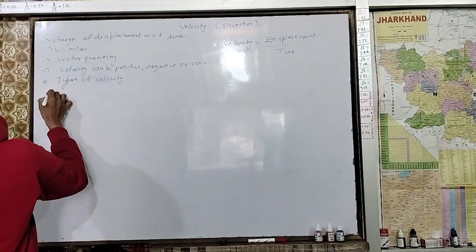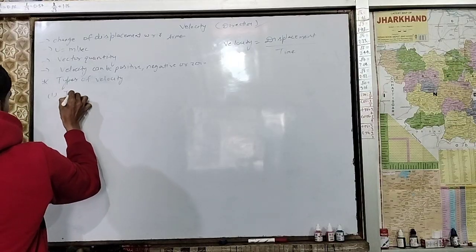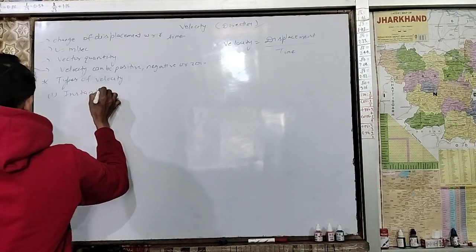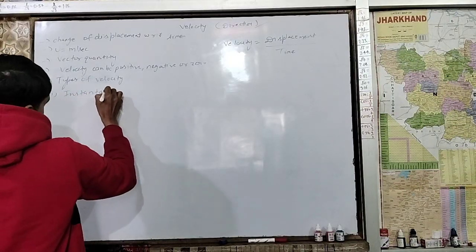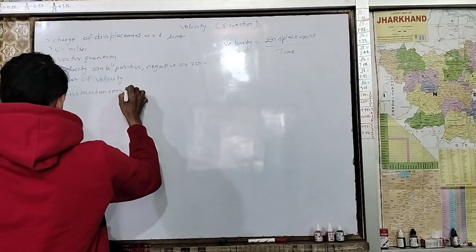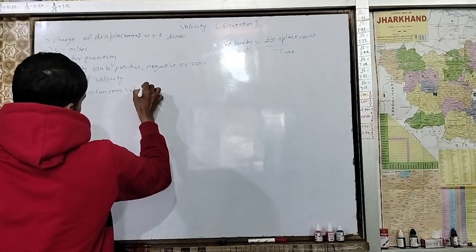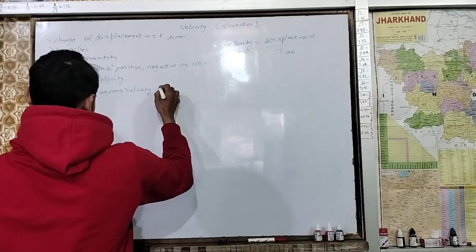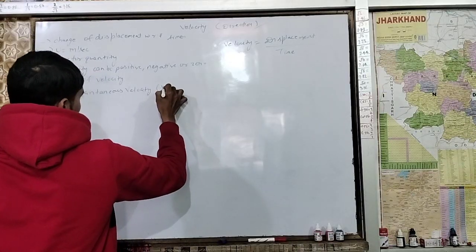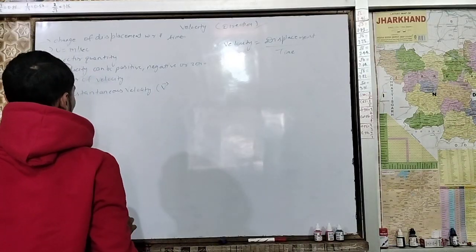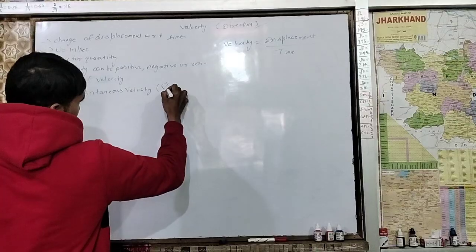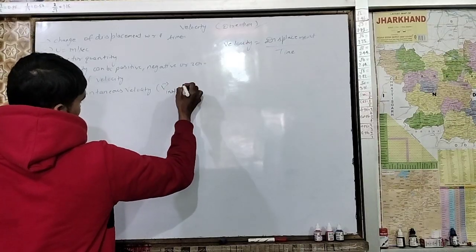First, we will start with instantaneous velocity, and it is written like this: v arrow and instant like this.